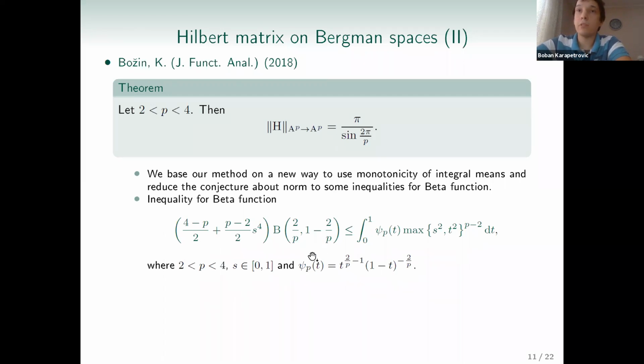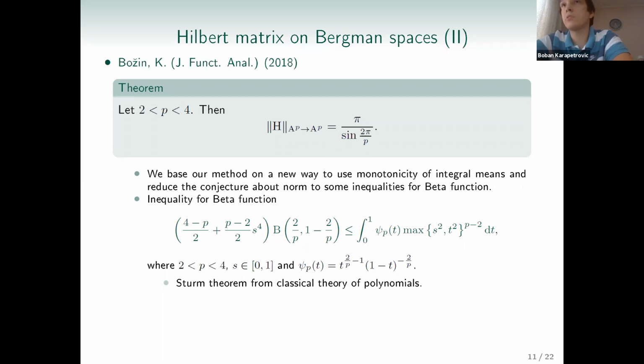And we use Sturm's theorem from the classical theory of polynomials. In general, the use of Sturm's theorem is technically complicated. Sturm's theorem expresses the number of distinct real roots of some polynomial P located in some given interval.